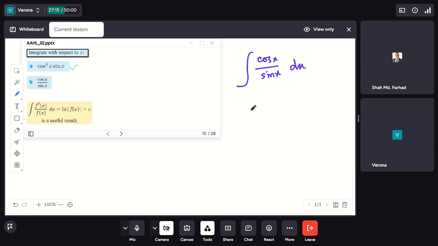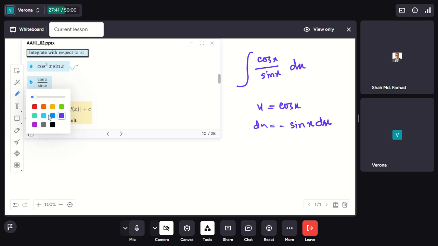So if we let u equals cosine, then what happens here? That will be du equals negative sine x dx. Here sine is the denominator, right?